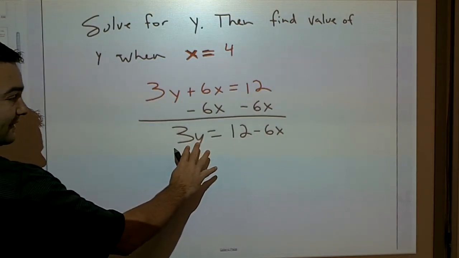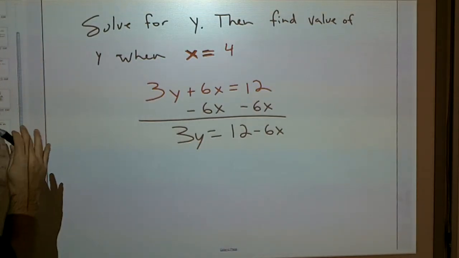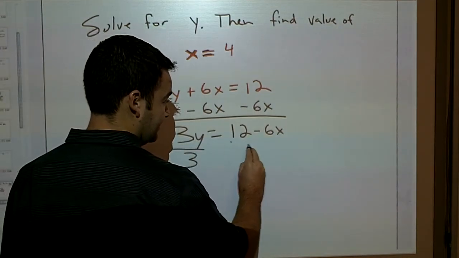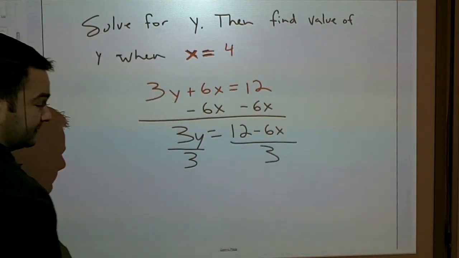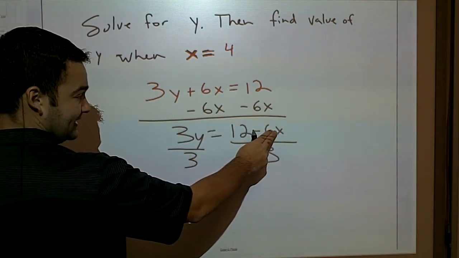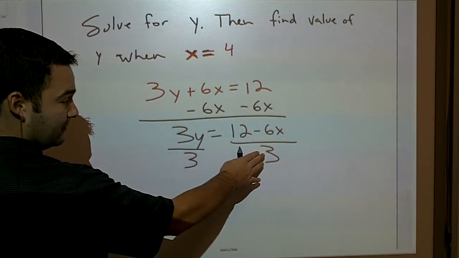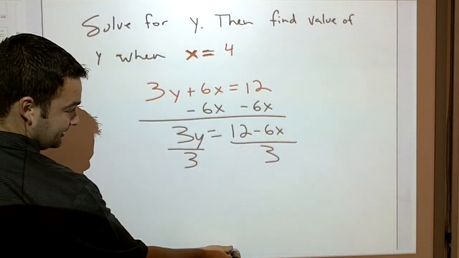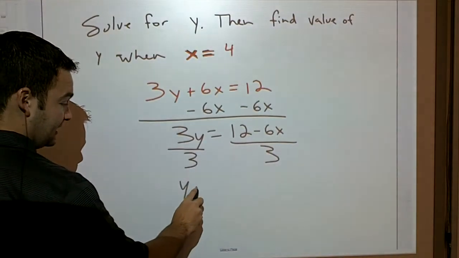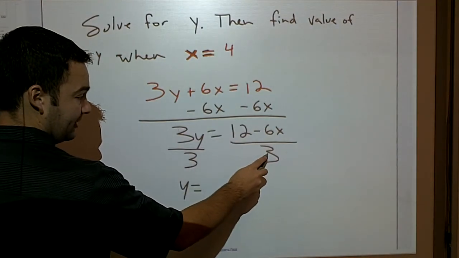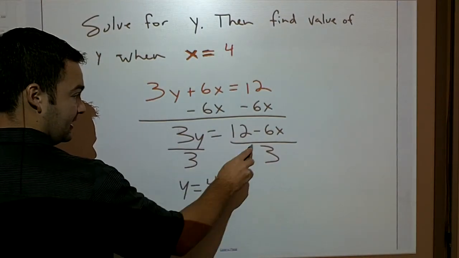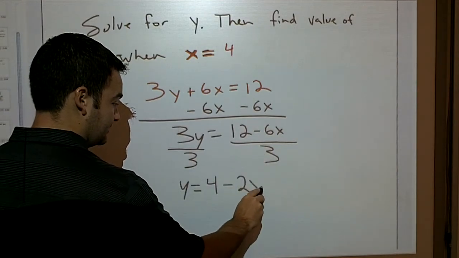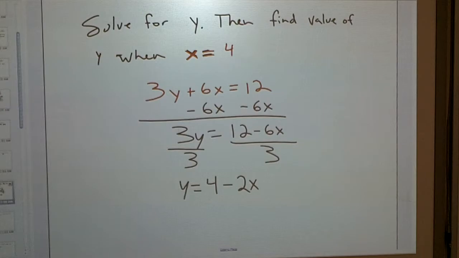Again, 3y equals 12 minus 6x. This is 3 times y, so if we want to figure out what just y is equal to, we need to divide each term by 3. Since 12 and 6 both can be divided evenly by 3, we can simplify this down to a nice equation. y is equal to 12 divided by 3, which is 4, minus 6 divided by 3, which is 2x. So 4 minus 2x.